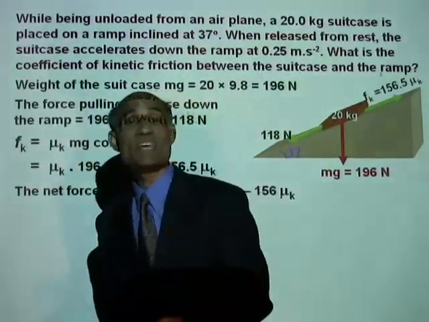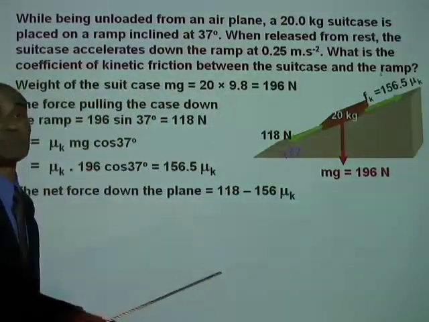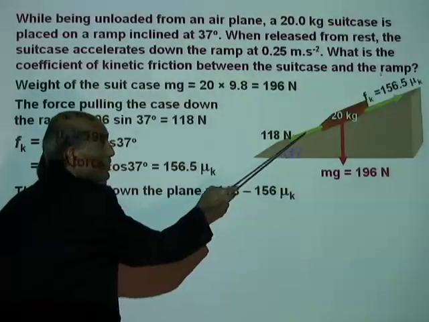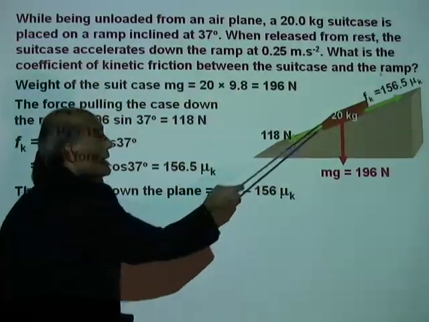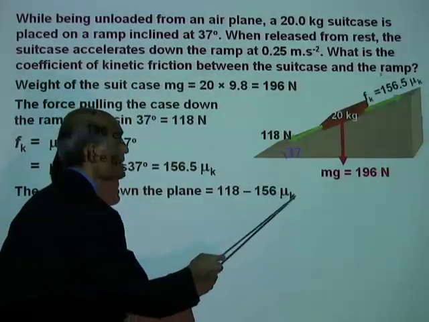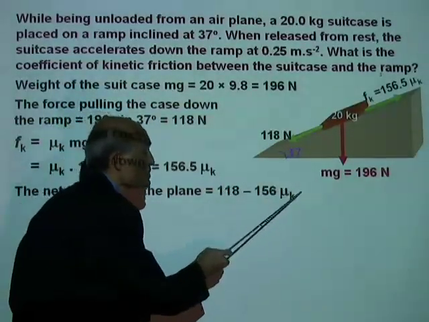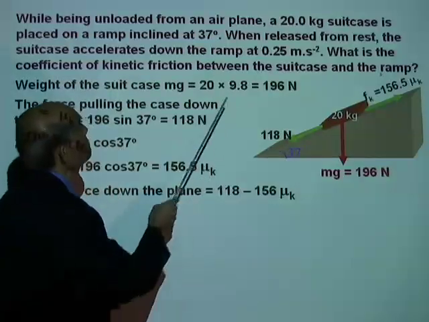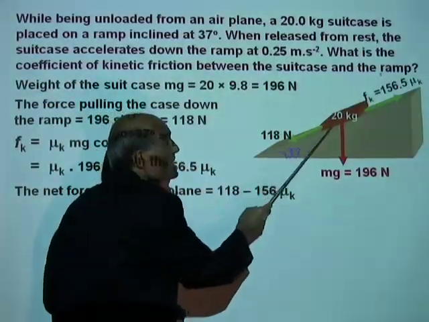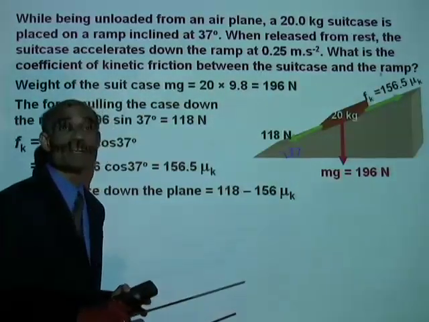Therefore, what is the net force on the suitcase? The net force on the suitcase is the downward force 118 minus the frictional force 156 mu k. And it is this net force that produces the acceleration on the suitcase of mass 20 kilogram.